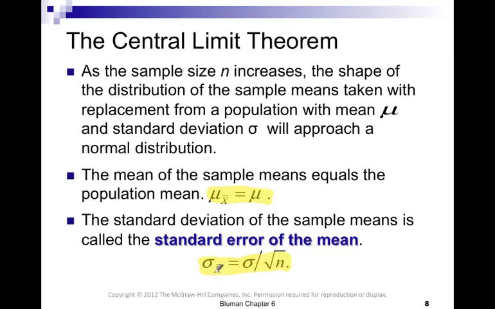And this sigma x bar, sigma with a subscript of x bar, is that standard deviation of the sample means, x bar being a sample mean. We get that by doing the sigma of the population divided by the square root of the sample size.